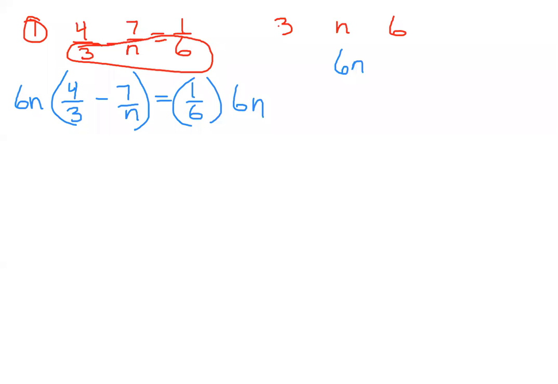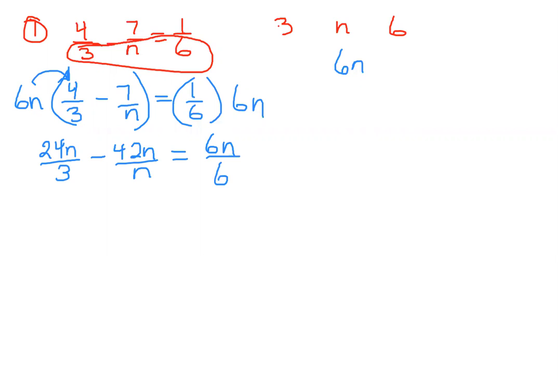So when we do this, let's distribute the 6n to this. So we get 24n over 3, and then we get 42n over n, and over here we get 6n over 6. I'm sorry, I don't know why I wrote n. 6n over 6.